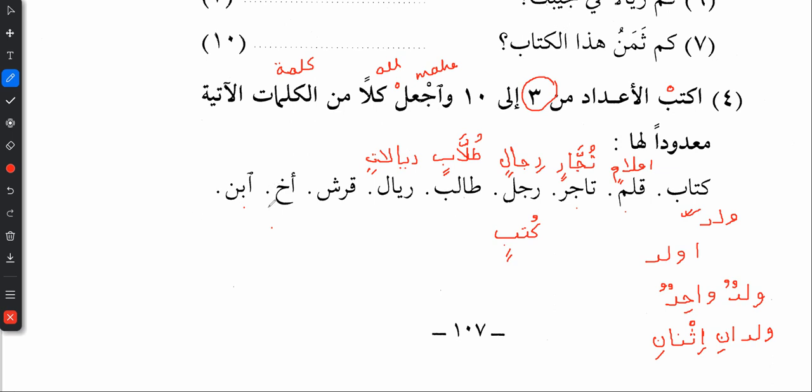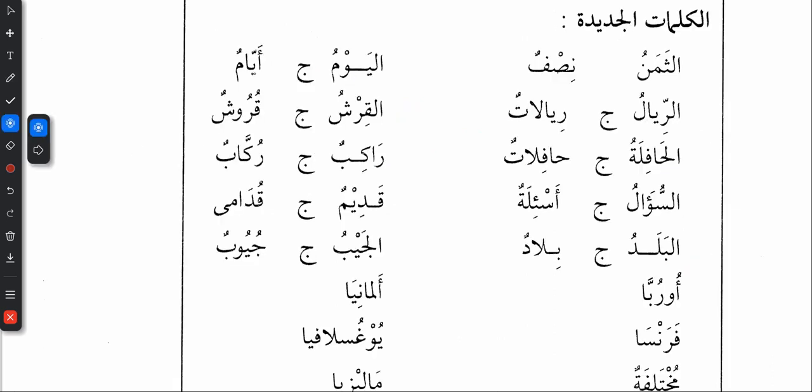It's all repeated, so let's move forward. Here are the new words. Kalimat al-jadida means new words. As-saman, saman means price, the price of a thing or anything. Nisf means half. Riyal, riyalat is the currency in the Middle East.